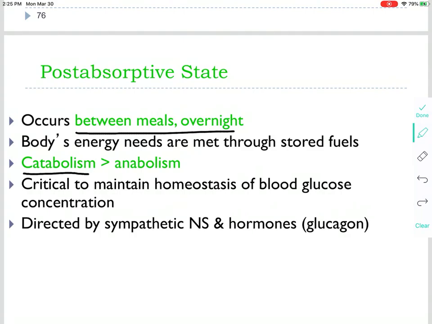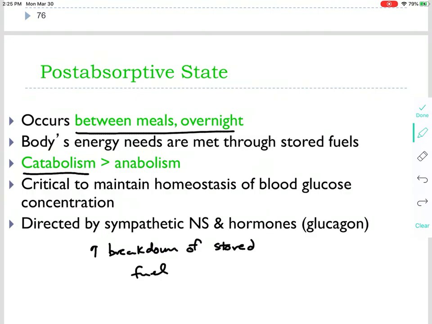The other one is post-absorptive. This occurs when you haven't eaten recently, and the opposite is true. We're going to have greater amounts of breakdown. Why? If you haven't eaten for a while, you're going to have to do more breakdown of stored fuel.